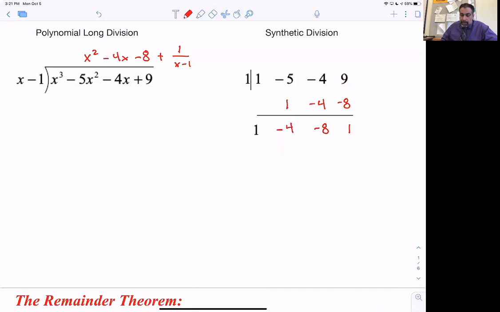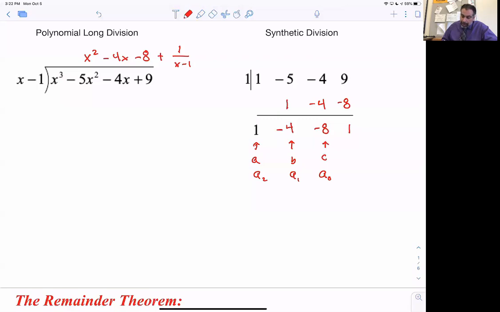So now how do you decipher this? Well, this number right here is basically the C value. This is the B value. This is the A value. Or that's from using the quadratic formula. If you're using our polynomial notation, this is A sub 0, this is A sub 1, this is A sub 2.